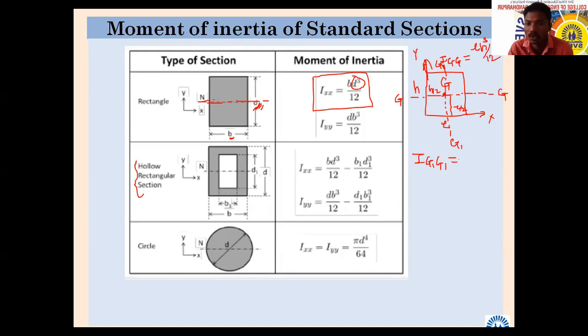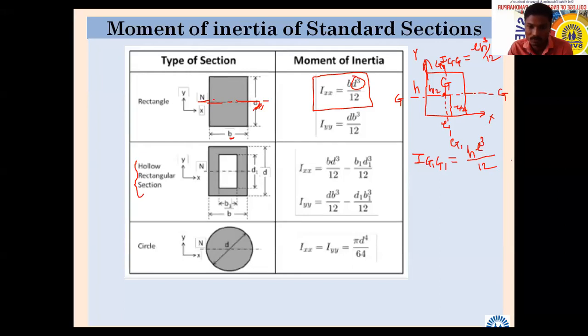Now, which dimension is going to be cut, L or H? The axis cuts the L dimension. Then we have to make the cube of that L. H L cube divided by 12.